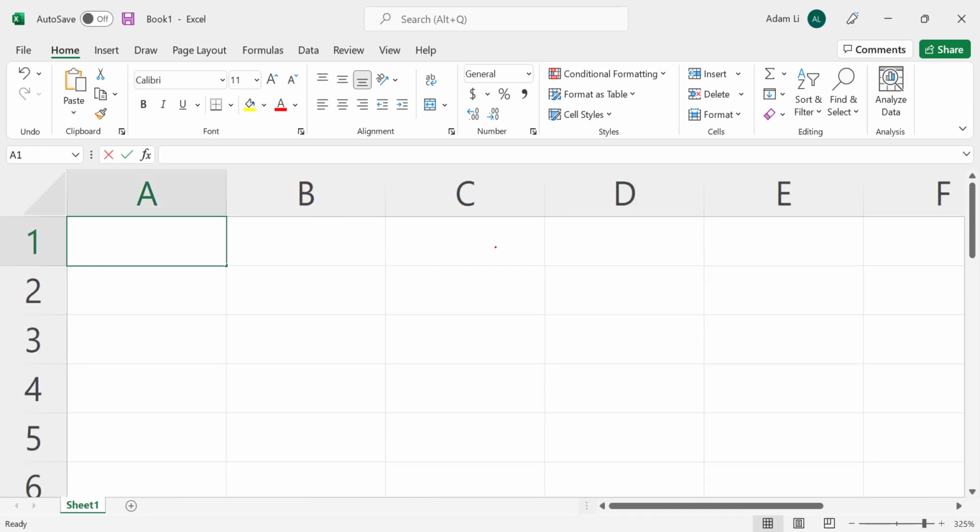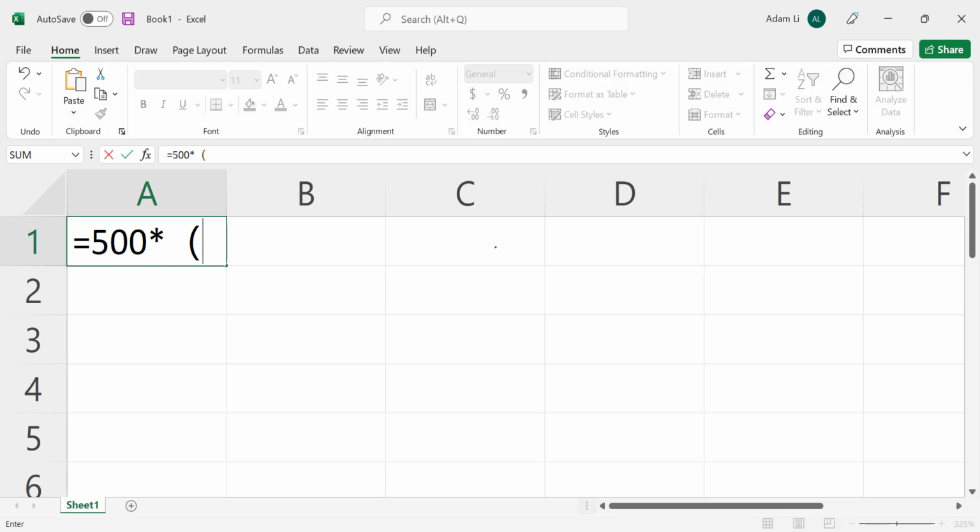So we input it as 500 multiplied by open parentheses, another parenthesis, 1 plus the rate, 5% divided by 12, raised to 12 times 10, which is 120 payments.